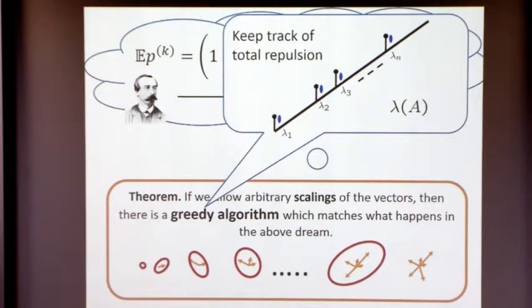It's greedy with respect to some potential function, some way of deciding which vector to choose next. It's based on this phenomenon that eigenvalues are like repelling electrical charges. So basically, this greedy algorithm keeps track of the total repulsion of these charges and uses that to guide the next choice of vector.